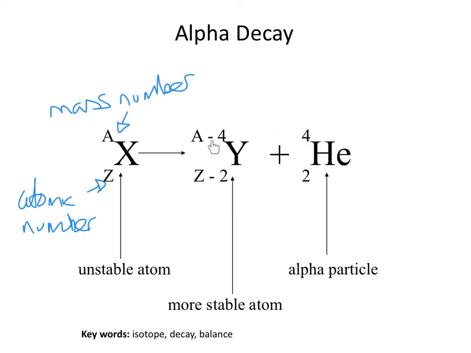So its mass drops by 4. Because it's given out 2 protons, its atomic number drops by 2. In your booklet you need to write down what happens to the mass number. So the mass number decreases by 4 when an alpha particle is emitted, and the atomic number decreases by 2 when the alpha particle is emitted. Pause that, and you may need to go back and watch this bit again. We're just saying that the mass number decreases by 4, the atomic number decreases by 2. So pause that, get that written down in your booklet.